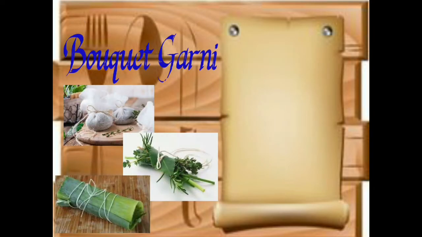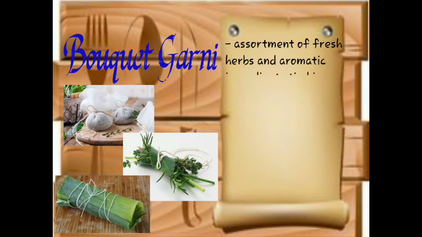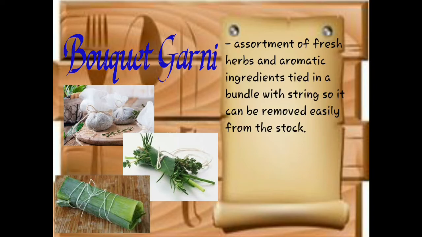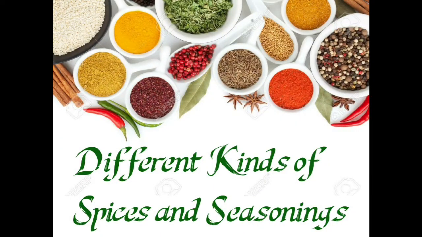Another ingredient in making a stock is the bouquet garni. It is the assortment of fresh herbs and aromatic ingredients tied in a bundle with string, so it can be removed easily from the stock. Aside from these ingredients, we also have the different kinds of spices and seasonings that are used to flavor our stocks.